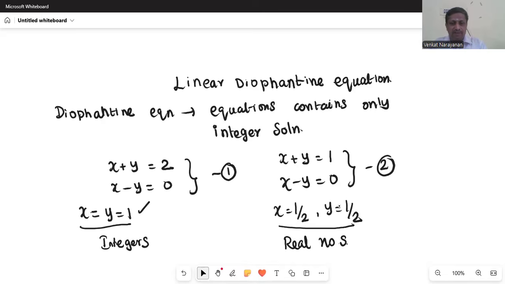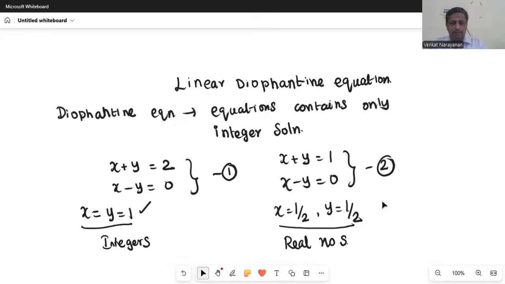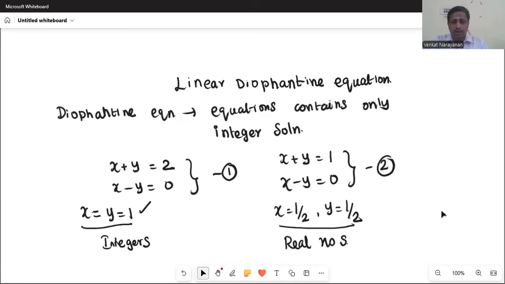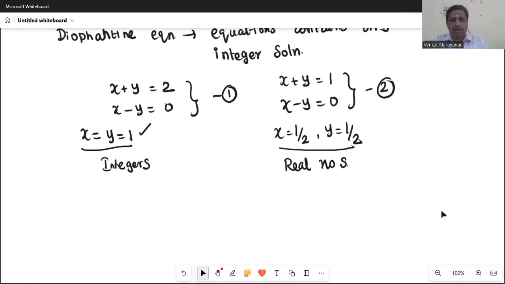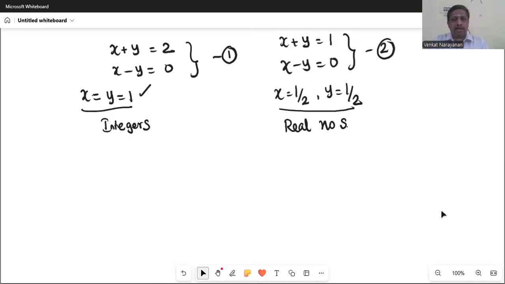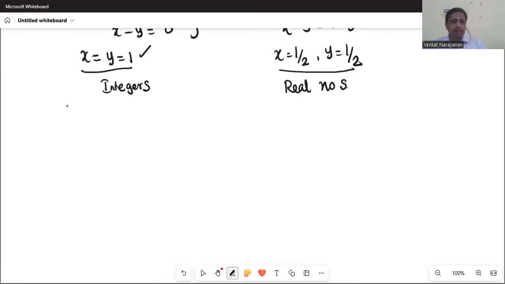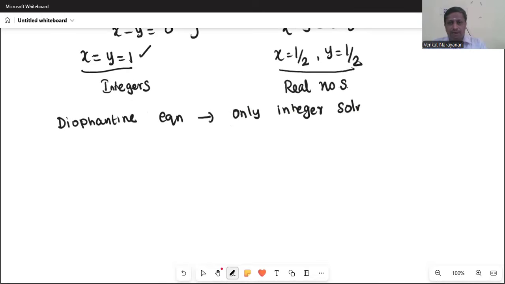That is the difference. So Diophantine equations contain only integer solutions.